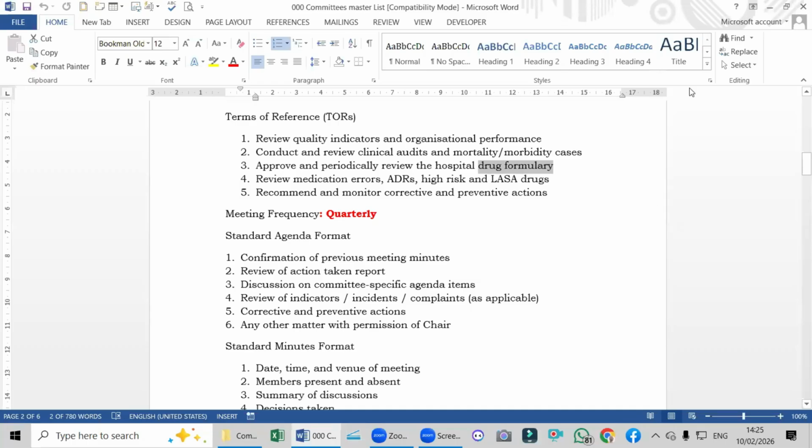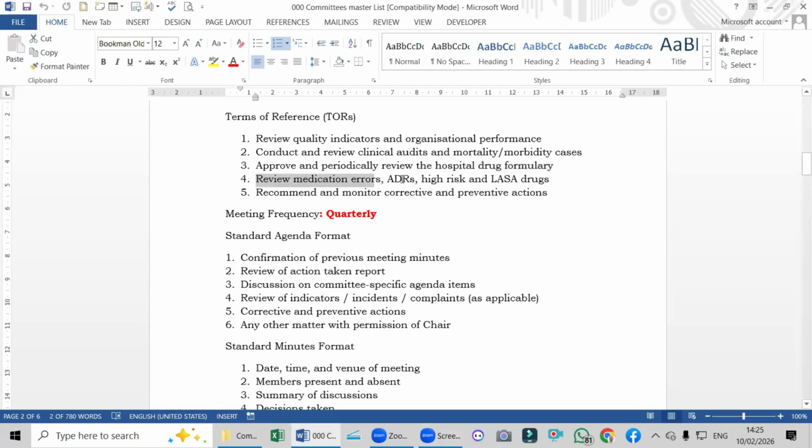So this formulary will include these comments. Please ensure that periodically you review, and if the doctor is adding some drug, please make sure it's added in the formulary.